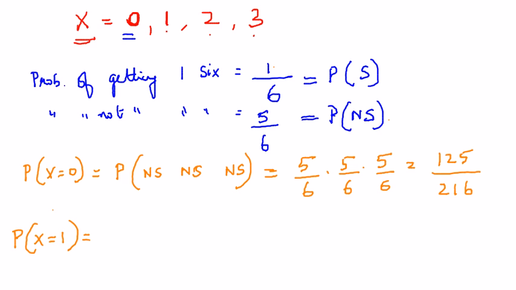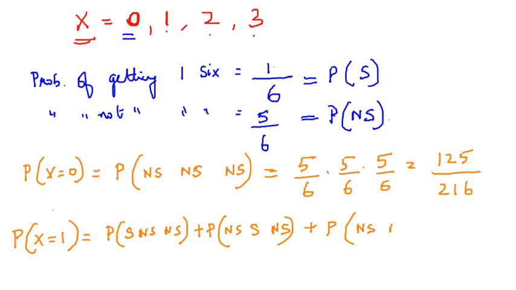Now let's go to the next, where I'm going to get 1 six. So it can either be that the first dice has 6 and the next two have not 6, or the first dice has not shown me a 6 but the second dice is showing me a 6 and the third is not showing me a 6, or in the first and second dice I'm not getting a 6, but in the third dice I'm getting a 6.